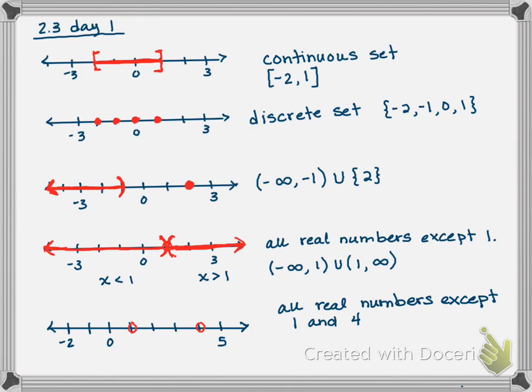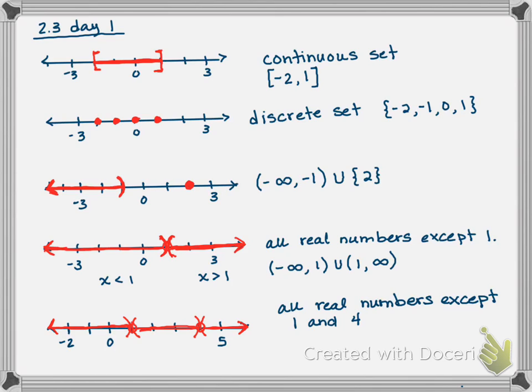So it's all the numbers that are less than 1, not including 1. It's all the numbers that are between 1 and 4, not including either one. And then it's all the numbers that are greater than 4, not including 4. So every time you skip a number, you just break your number line up into different pieces. And so depending on how many numbers you skip, that'll determine how many pieces you have.